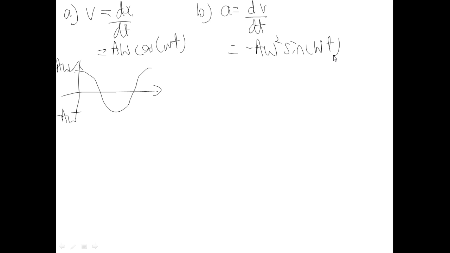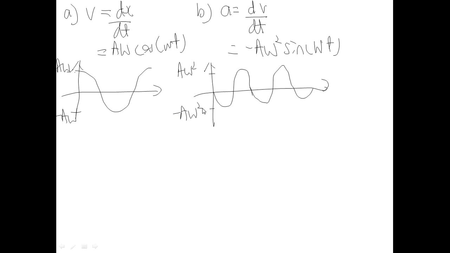If you differentiate the velocity, what you get back is actually a negative sine graph. Hopefully it's very beautiful. The amplitude here will be a omega square and the minimum here will be negative a omega square.